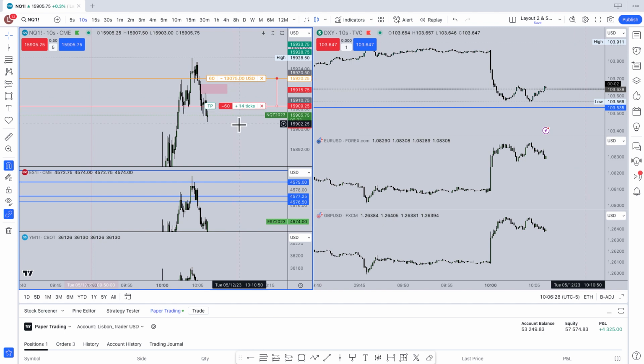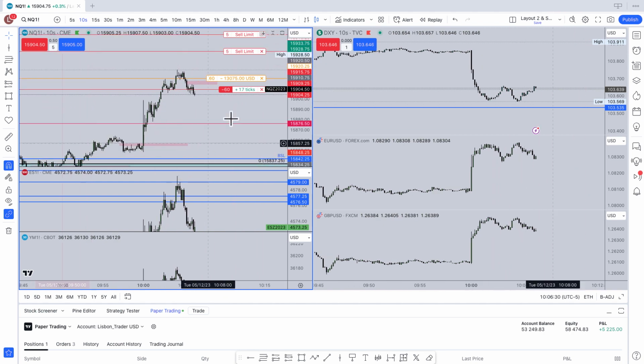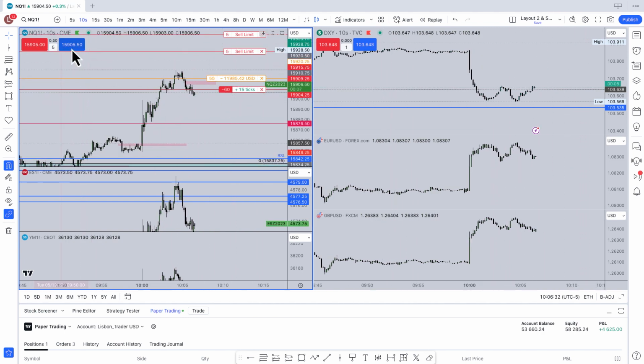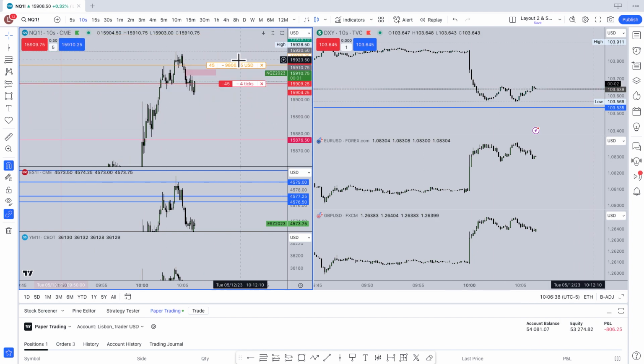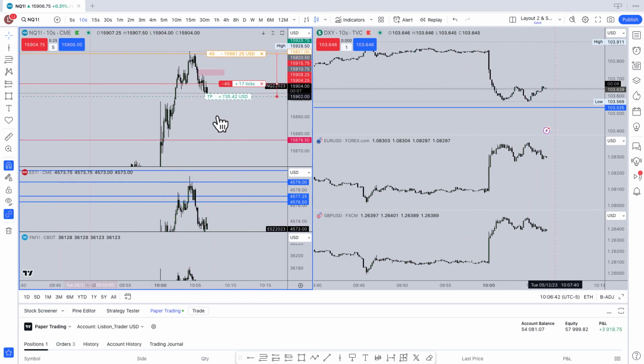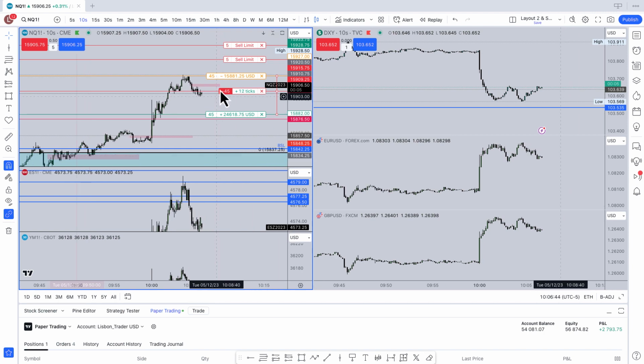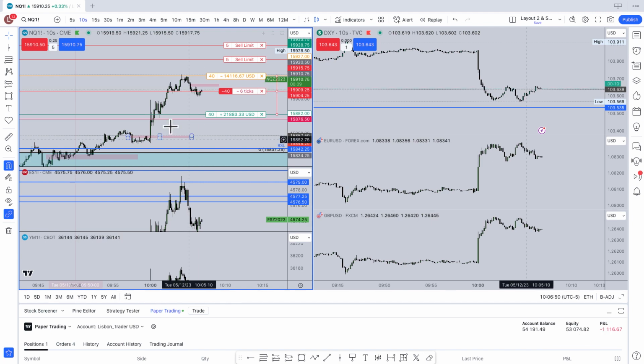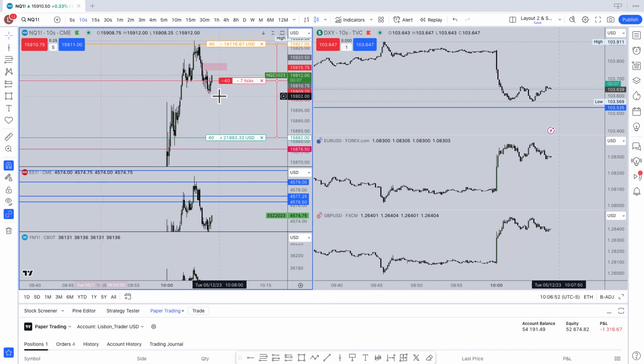So 13k risk. Putting some into equity. So we have a capacity for 15k stop loss. 10 plus 5 is 15. In equity, 55,000.